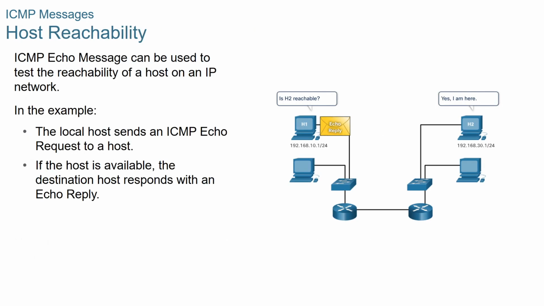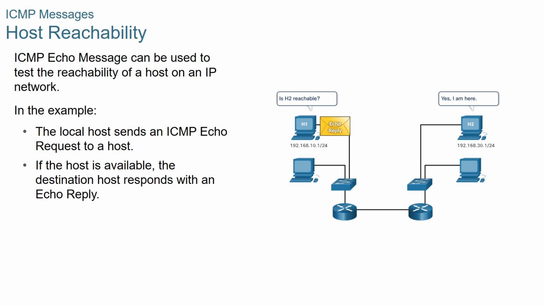Host reachability. An ICMP echo message can be used to test the reachability of a host on an IP network. In this example, the local host sends an ICMP echo request to a host. If the host is available, the destination host responds with an echo reply. So this is pinging across a network in order to find out whether you've got a connection between two ends.